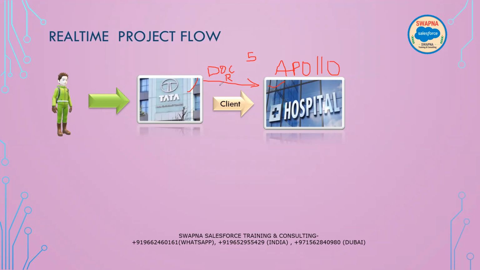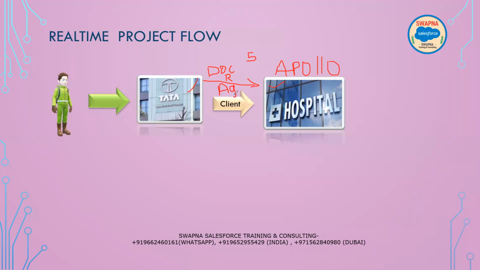Now there is an agreement that is going to happen. TCS agrees to give the complete project to Apollo by the end of July, or after 6 months. This is the agreement between TCS and Apollo Hospital.